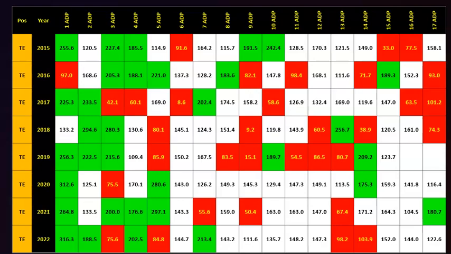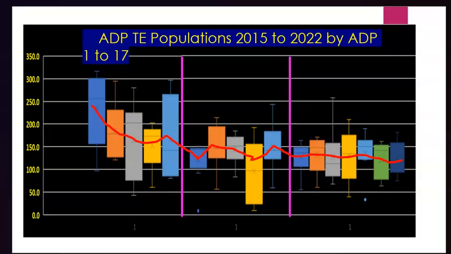Let's see, what am I doing here? Okay, so what I've done here is ADP populations, and we're looking at segments here of, and I don't know if this is the top, how did I do this? Is this the top?